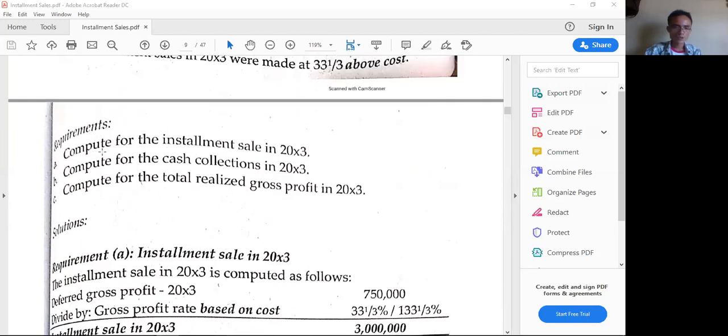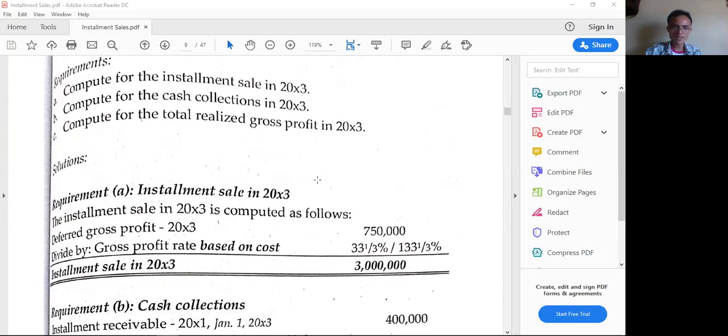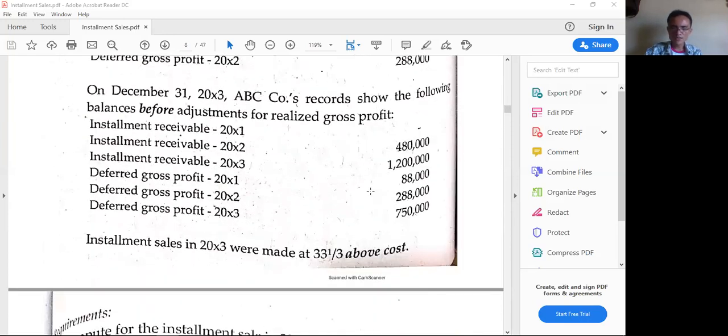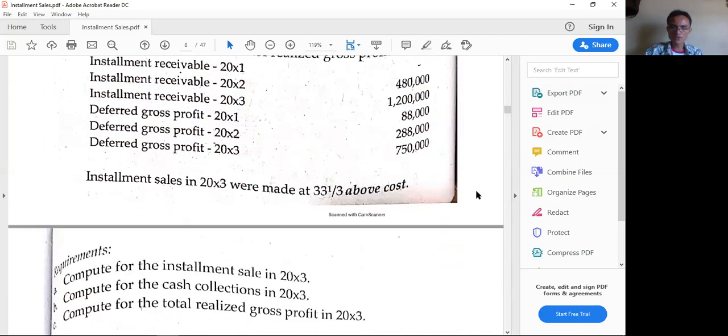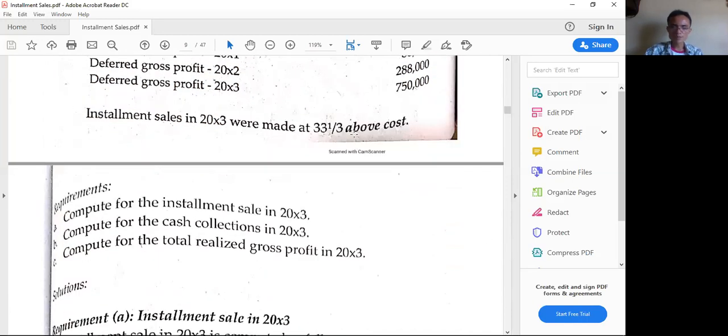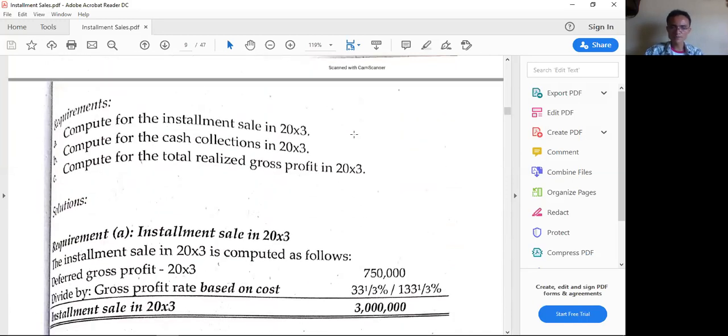So for the first one, compute for the installment sale in 20x3, we are given the 750,000 deferred gross profit in 20x3. So we can divide that by the GPR, gross profit rate based on sales. So how do we convert the GPR based on cost to become based on sales?